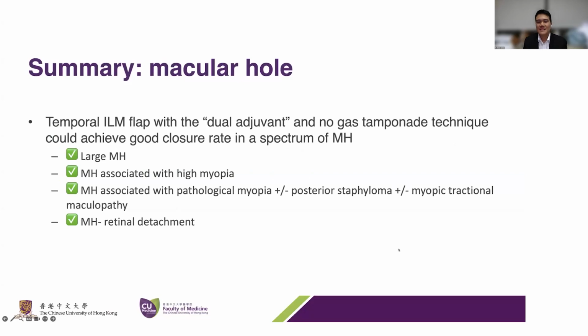So in summary, this is a good technique, and also the patient's satisfaction is really good, and it's also highly rewarding as a retinal surgeon to be able to repair macular hole without using gas at all.